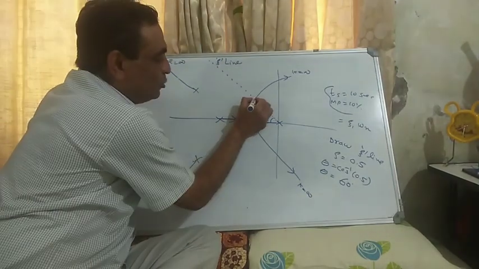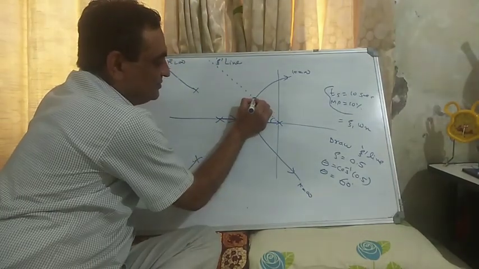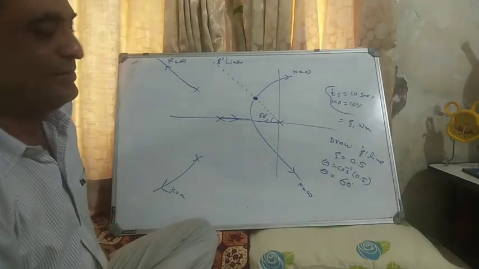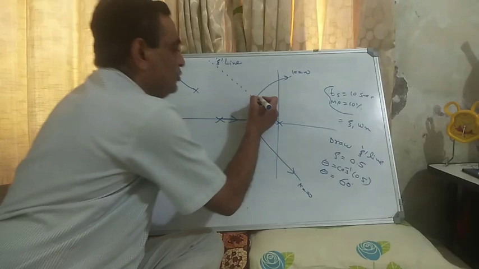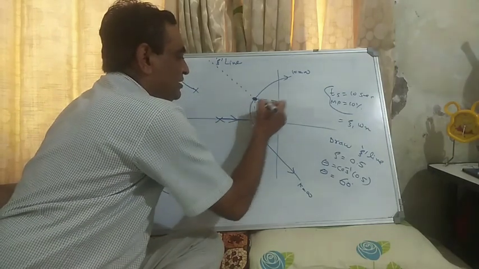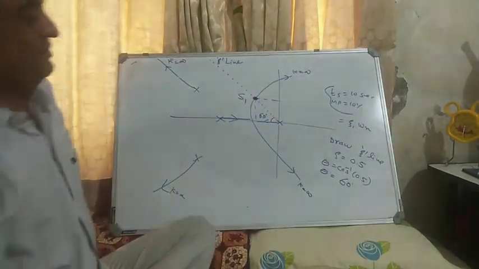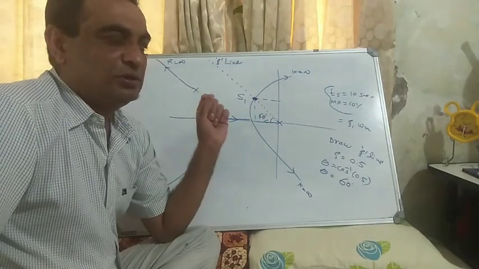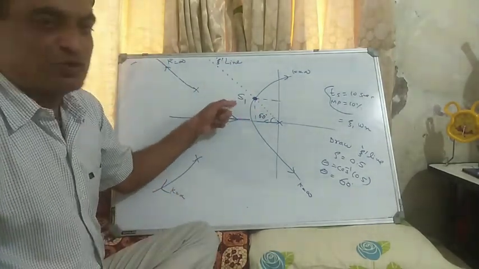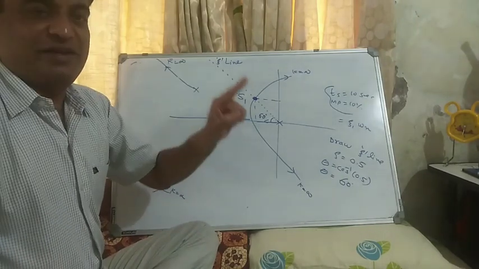So it crosses the root locus at this point. Let's say this point is S1. Now you have a rule that at any point on the root locus, let's say S1, what is the value of gain K?